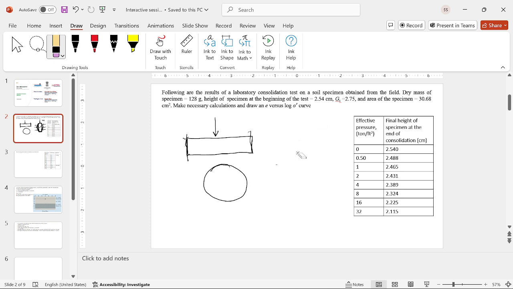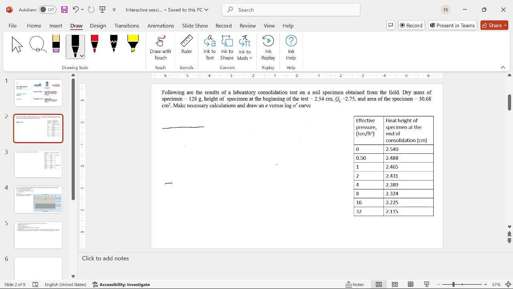So let me actually show you. In UCS, the unconfined compression test, we have a cylindrical sample and there is no confinement here. It is just like a test to do on a steel bar. So this will be the upper part, this will be the lower part, and you just place a sample here and you apply load here.